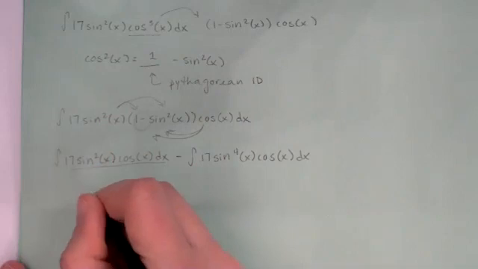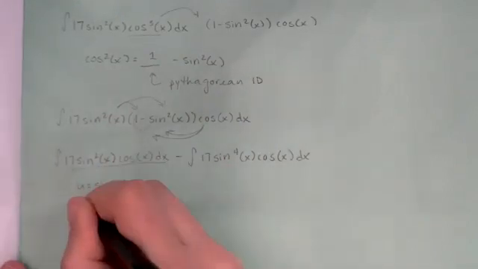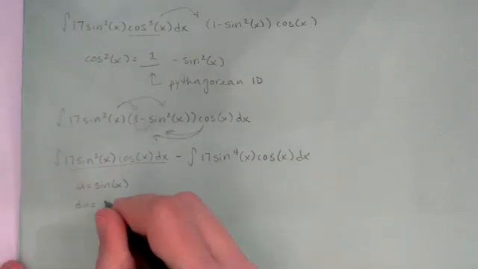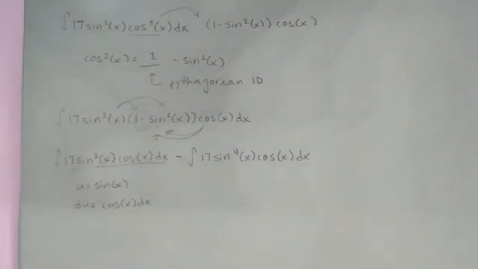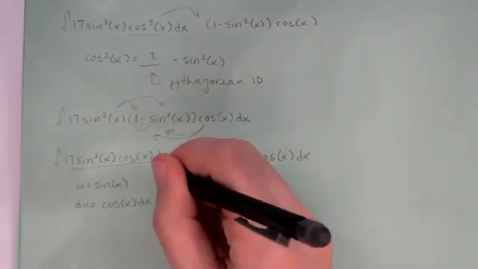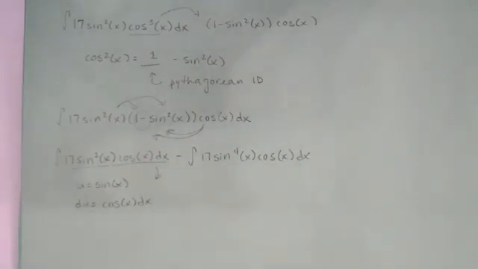And so our u is going to be sine of x, and our du is going to be equal to the cosine of x dx, like we need it to. Pick up nicely. And that is focusing specifically on this section right there.